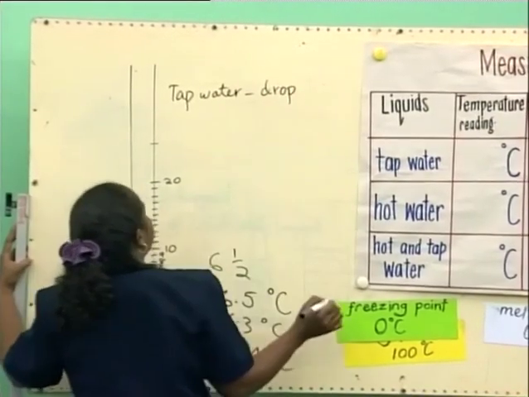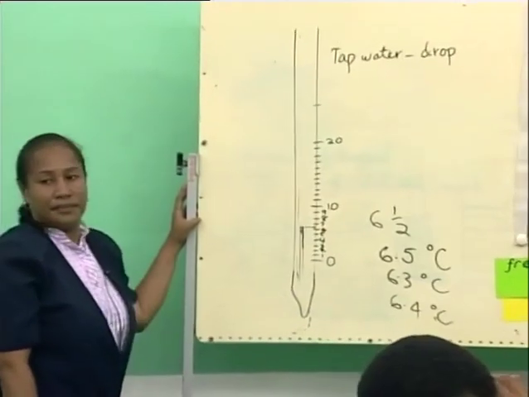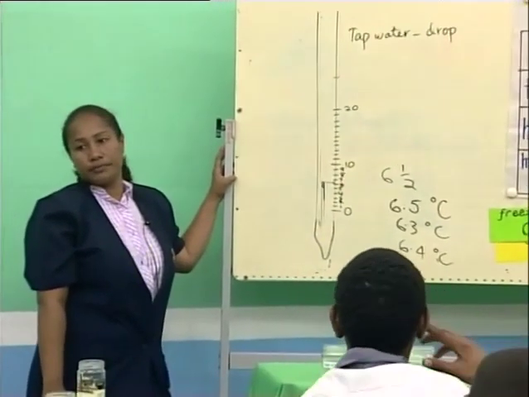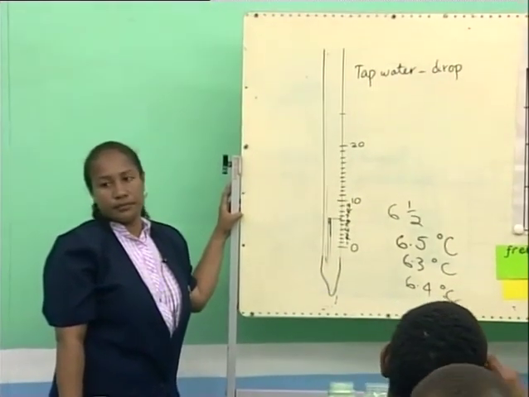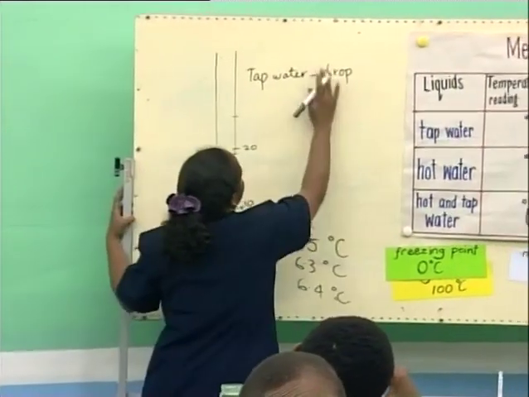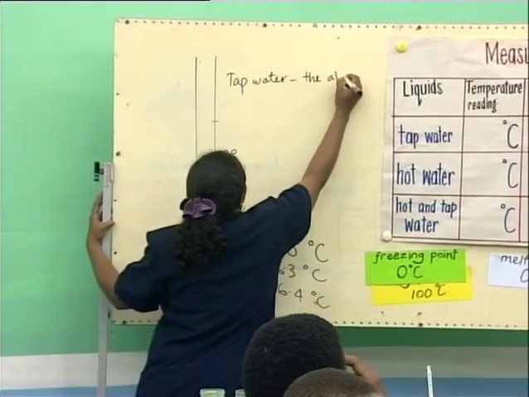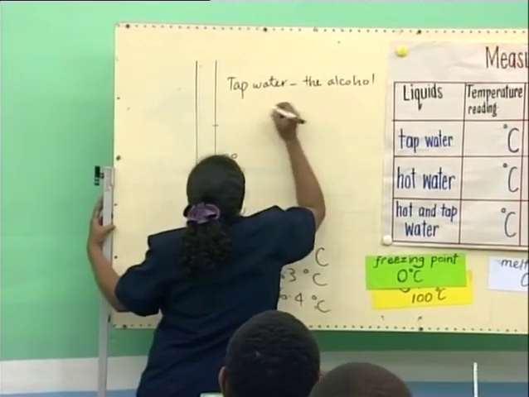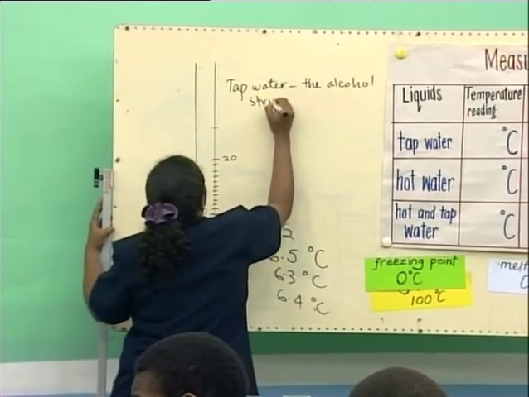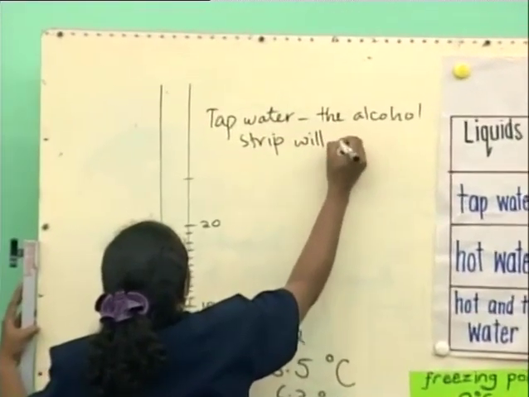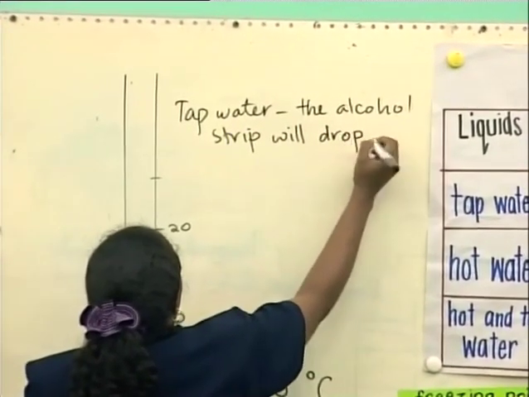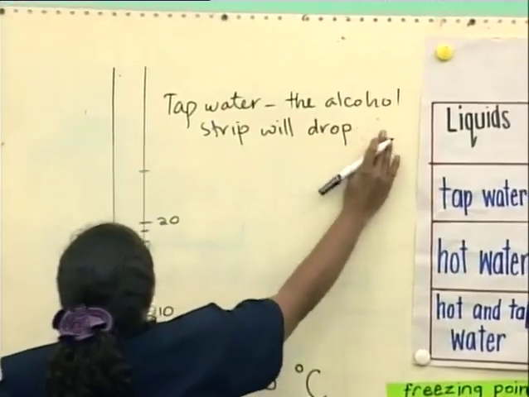Okay, so for tap water, good. Temperature will drop. The alcohol strip. Just leave it as it is.